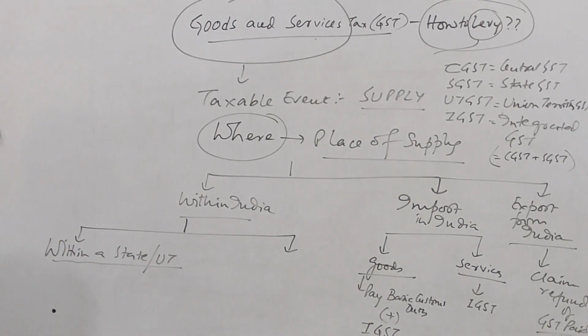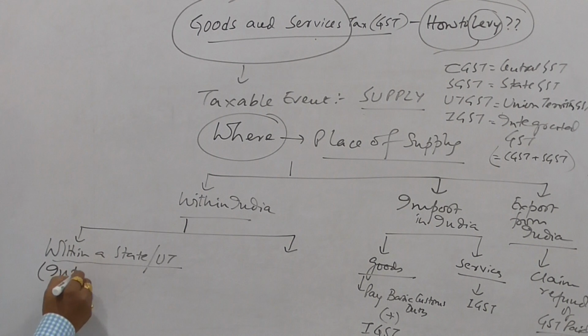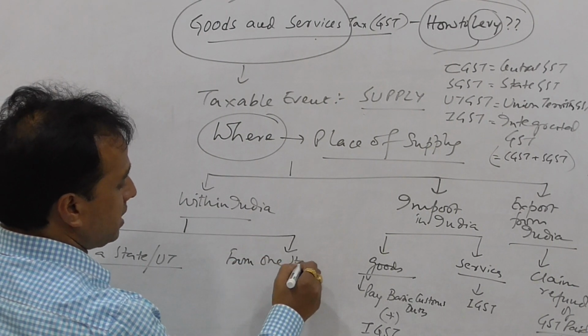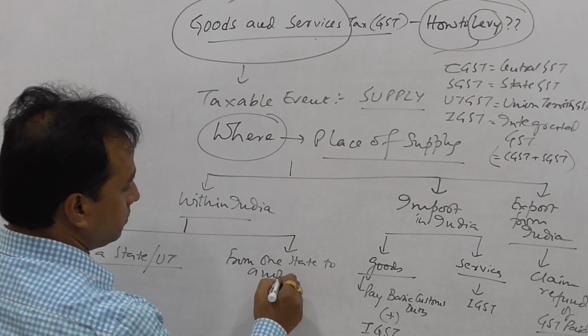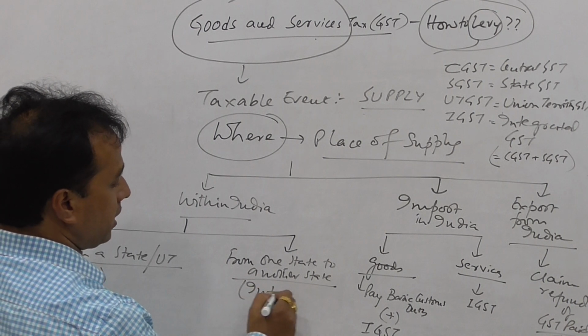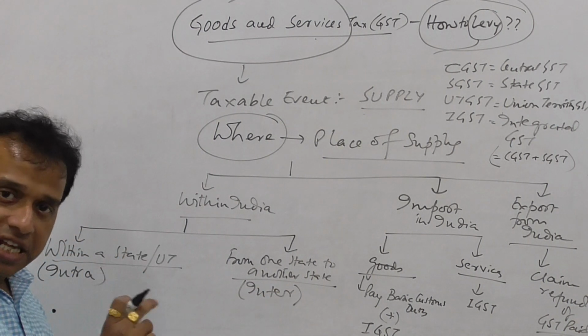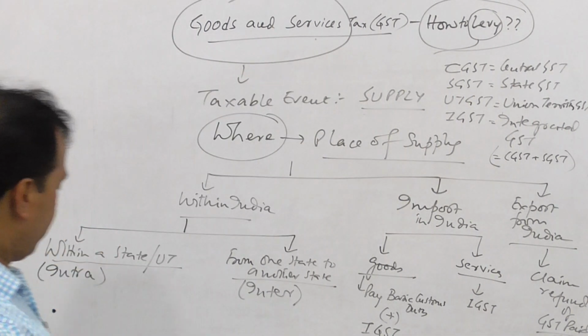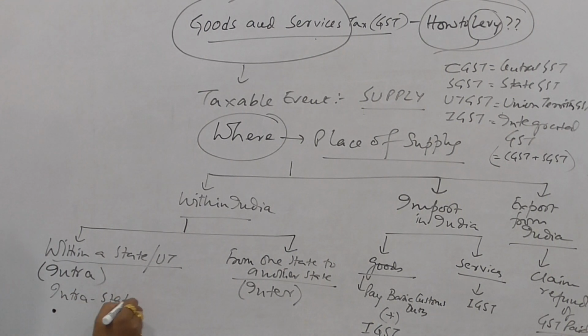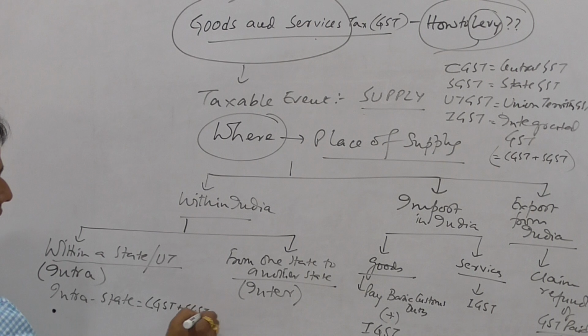Within a state, if it is sold, technically it is termed as intra. And if it is sold from one state to another state, then that is known as inter. Intrastate, interstate. Okay?